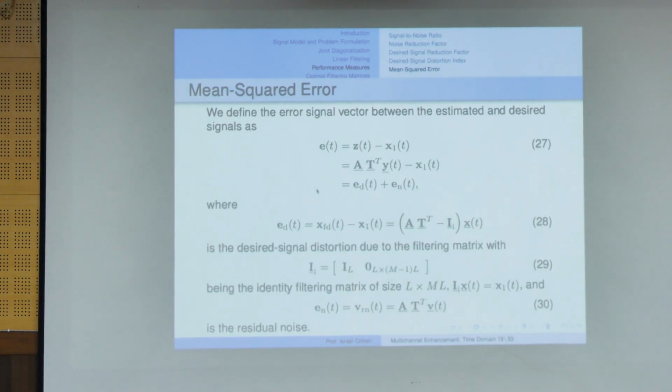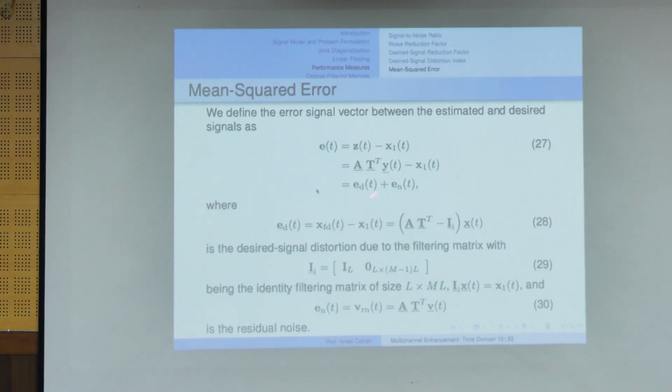We can define the mean squared error. So for the mean squared error, we take into account the error between the output of the filtering matrix, Z, and the samples of the desired signal in the reference sensor. This is the error, and the error contains two components. One component is related to the distortion. The other component is related to the residual noise.